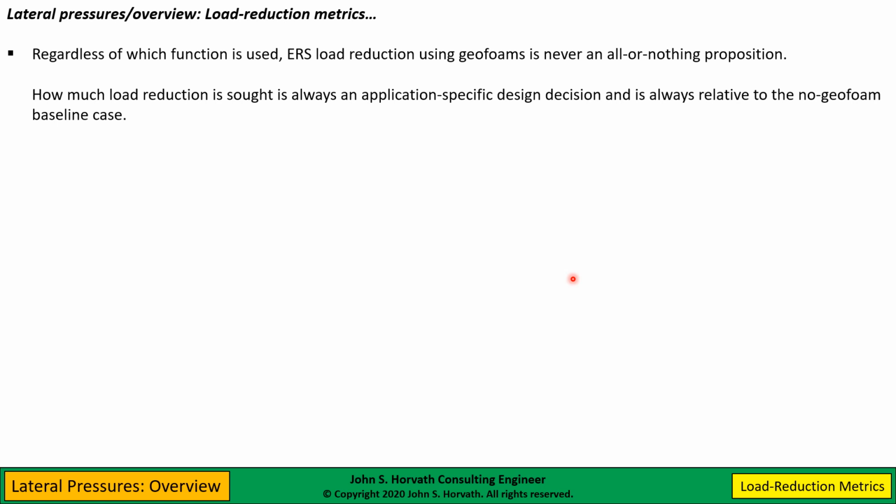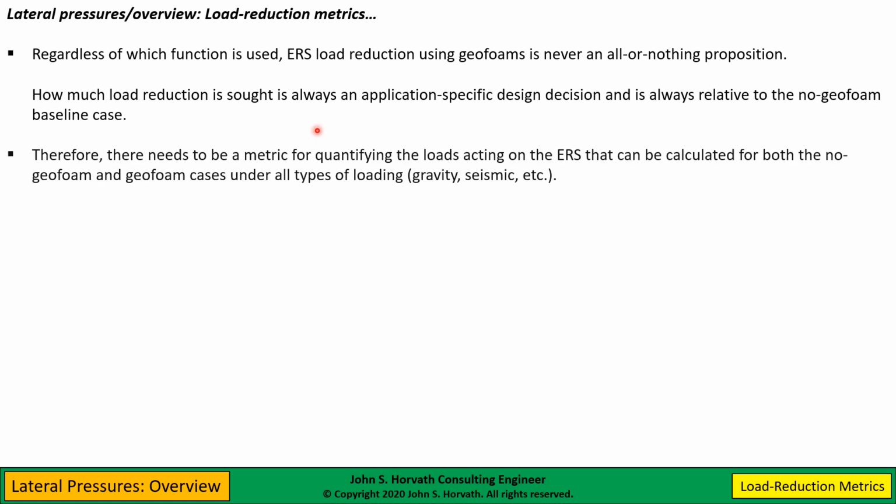And you always want to compare it to the no geofoam baseline case. That's very important to understand. You always want to say, as a point of comparison, if I did not use geofoam at all, what would be the safety factor or whatever. So you always need to have a baseline reference case.